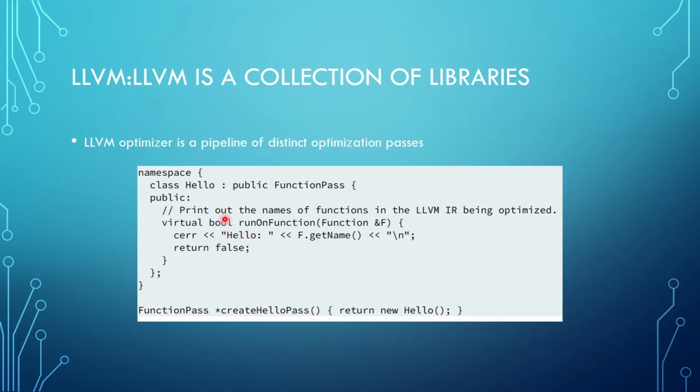It can also contain member functions of this class which can be used to modularize the operation of the pass. Now, to see what exactly goes in this runOnFunction function, we will look into LLVM IR optimizations.